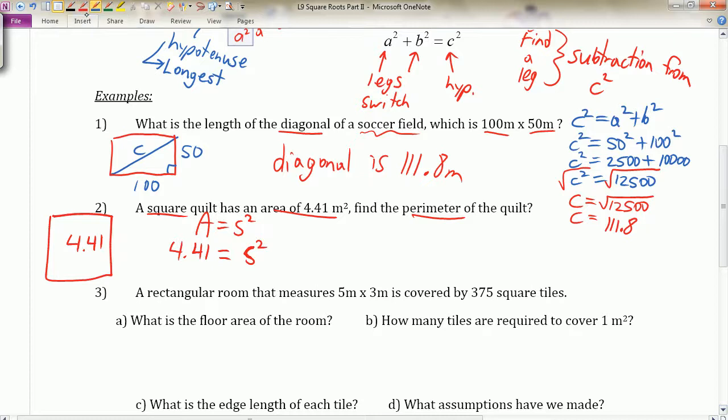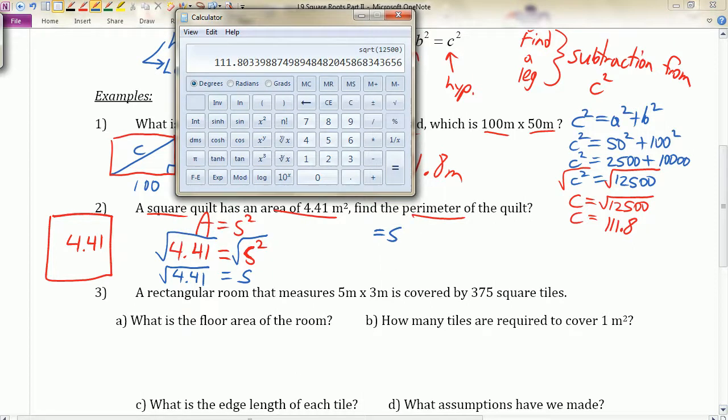So what's the opposite? How do we undo squaring? The opposite of squaring is square rooting. So square root both sides, and you get the letter S is square root 4.41. Now I wish I could write underneath here, but I can't. So I'm just going to go to my calculator and find that answer.